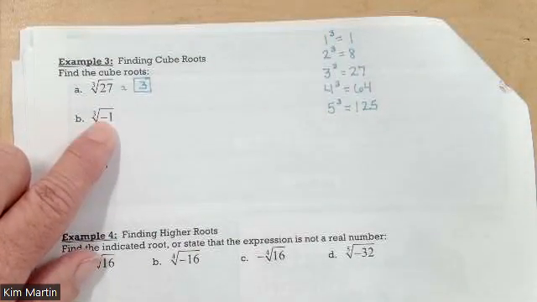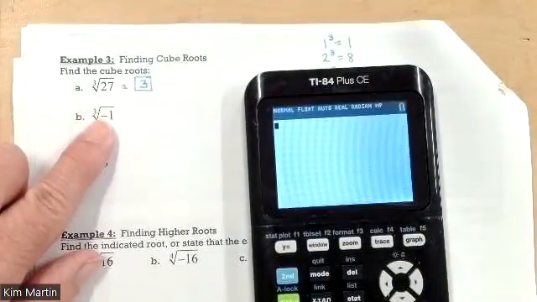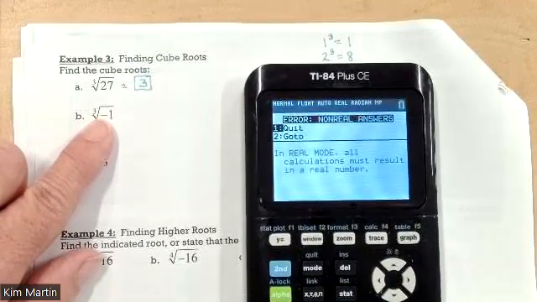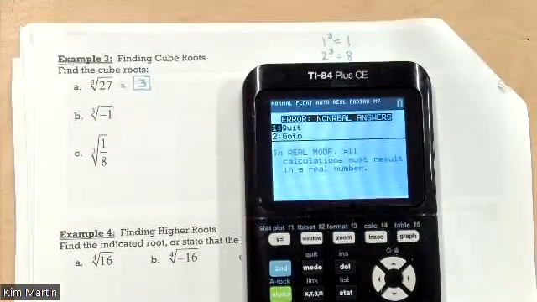Right here, this, however, is different. Remember how we couldn't take the square root of a negative number? Let's say second square root of -1. It gives us a non-real answer. That's because a -1 times a -1 gives us a +1. Same thing with positive.